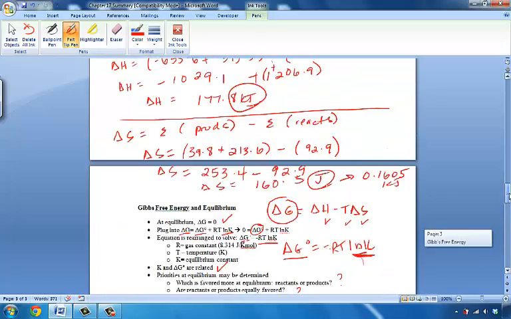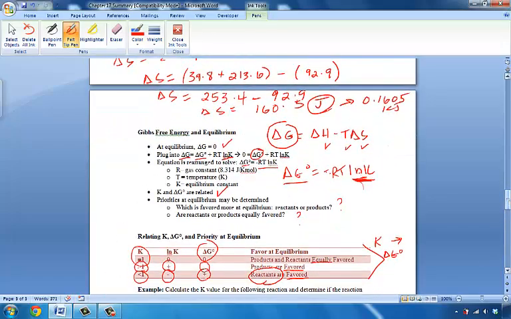All that should match our table: negative ln K, a K of less than 1, a positive delta G. Yes, our reactants are indeed favored.